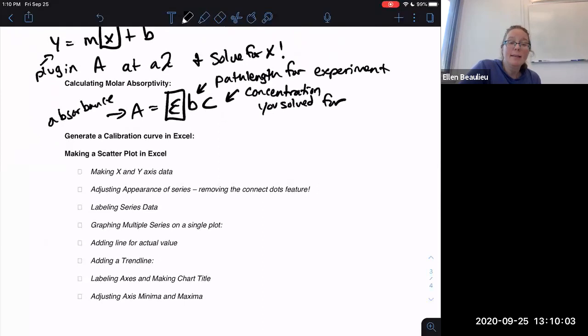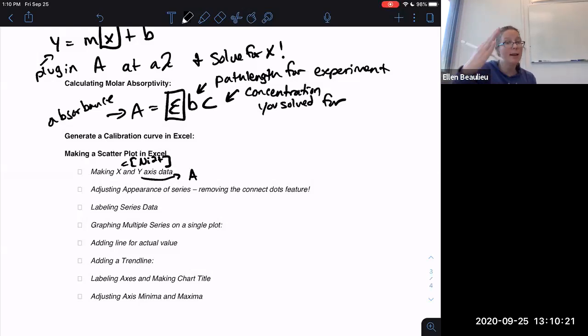Okay, in Excel, this is sort of a checklist. Make sure that you plot X as the concentration of nickel for your calibration curve. Y is going to be the absorbance values. So make an X series, make a Y series where X is nickel concentration, Y is absorbance.